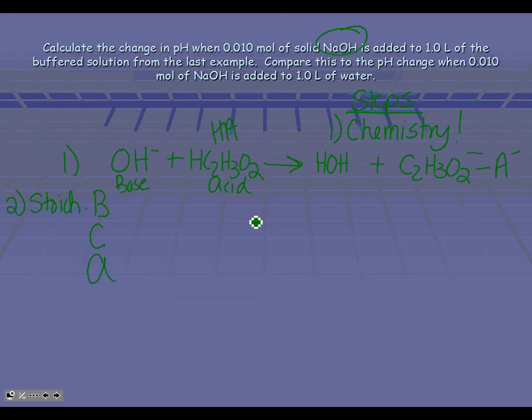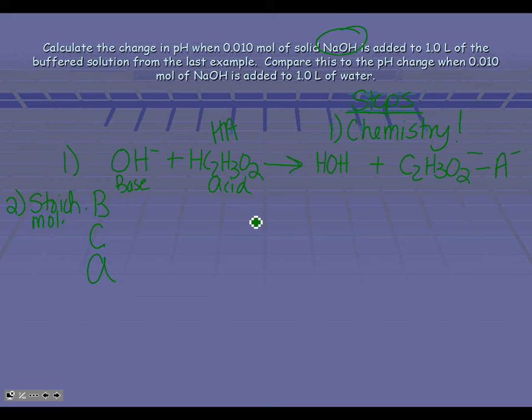The way I remember this is base combines with acid. Anytime you've got a base that's going to combine with an acid, or an acid that's going to combine with a base, this stoichiometry part has to happen every single time. It also always has to occur in moles. We have to do stoichiometry in moles.